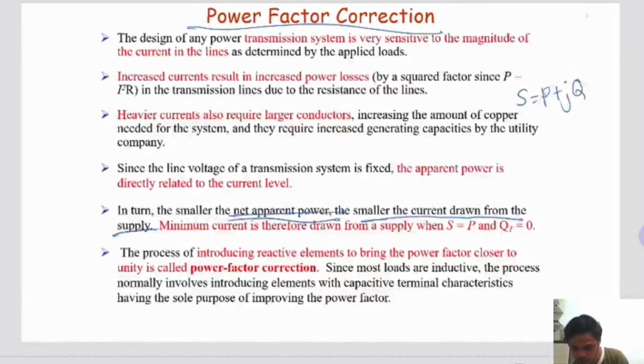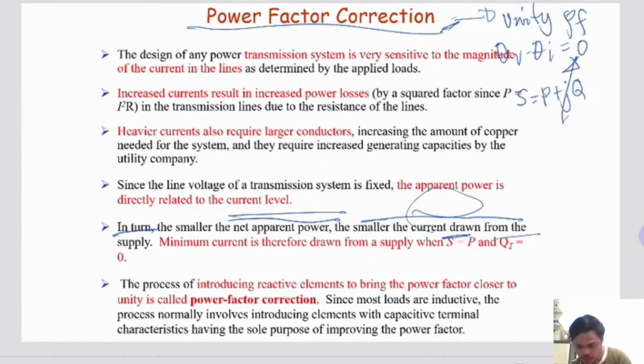So the net apparent power should be reduced in order to reduce the current drawn from the supply in the system. So as much as possible, our S should be equal to P, or real power, and Q should be equal to 0. We need to introduce some element in the system like a capacitor or inductor in order to correct our power factor. So we always bring the system up to the unity power factor.